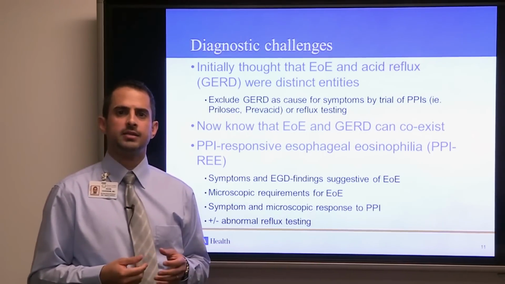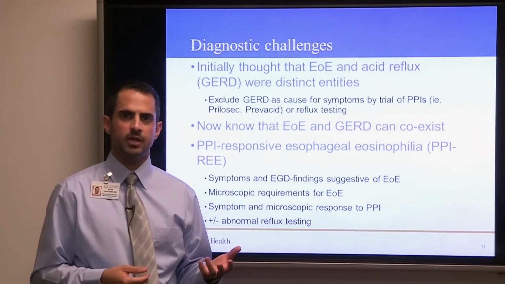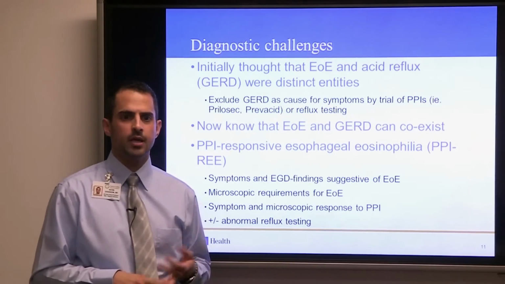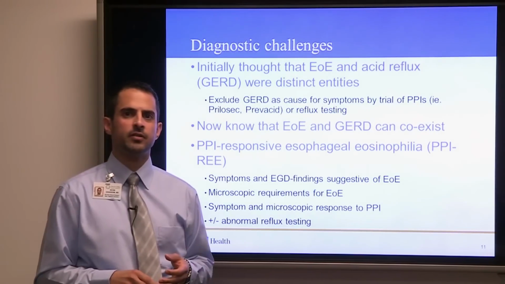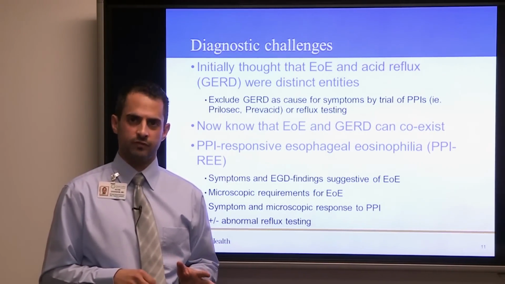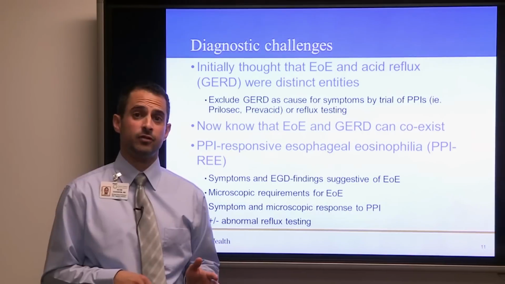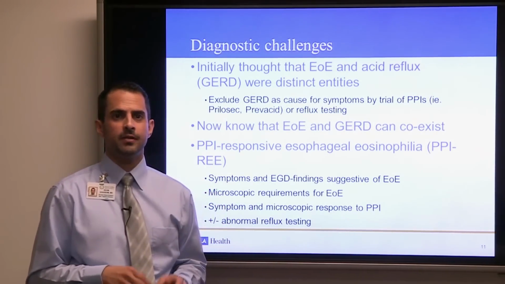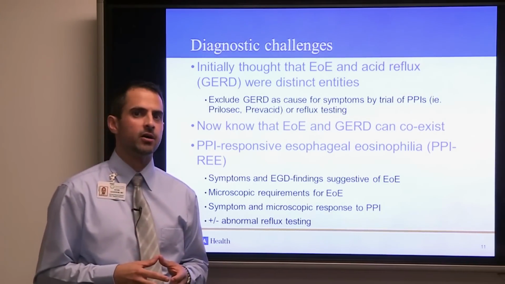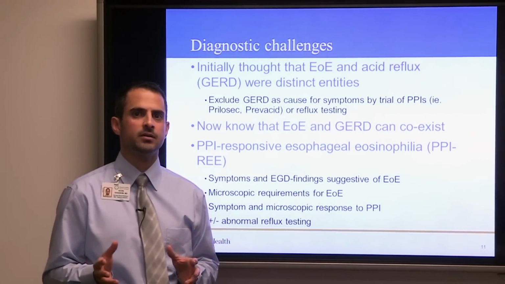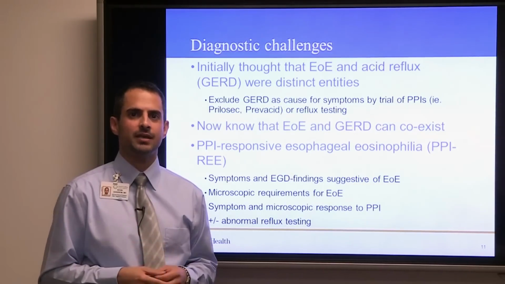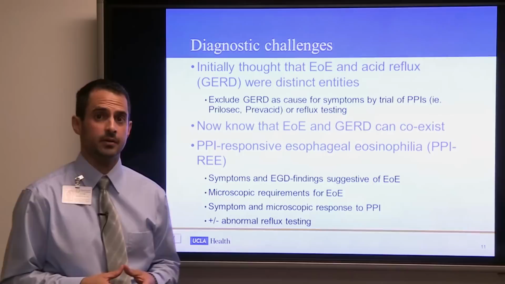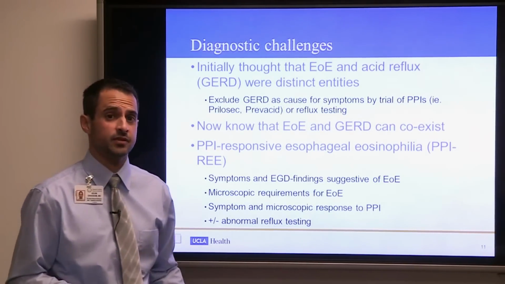And yet, if you put them on a proton pump inhibitor, their symptoms go away, the eosinophil counts go down. And the researchers found that patients who even had normal reflux testing beforehand, meaning that they didn't have reflux, still had a response to the proton pump inhibitors. So this entity of PPIREE has become another interesting complexity of the diagnostic mechanism for making the diagnosis of eosinophilic esophagitis.